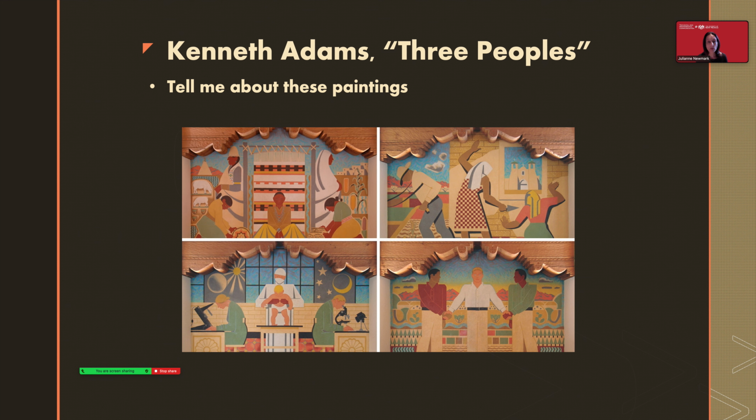If we look at them really carefully, we can see how this artist, Kenneth Adams, deployed certain visual vocabularies that were meant to evoke a much more significant historical lesson about the state of New Mexico. And these still hang, they're still painted on a wall in a really important, iconic building on our university campus. So they fit together into a larger story.